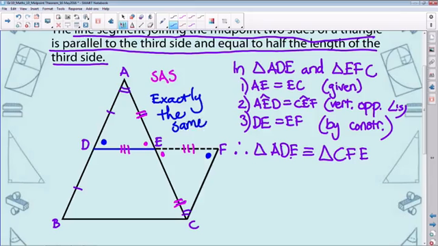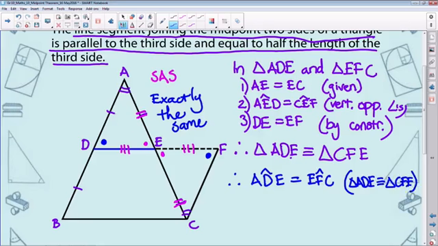So that means, and I'm going to keep it blue because now I'm just going with a different sort, that angle ADE is equal to angle EFC. Why? Because triangle ADE is congruent to triangle CFE.